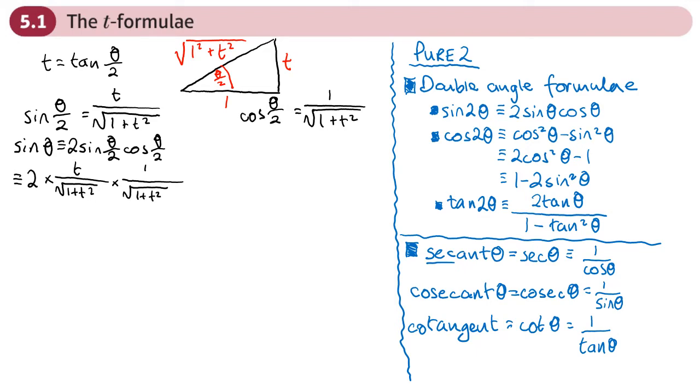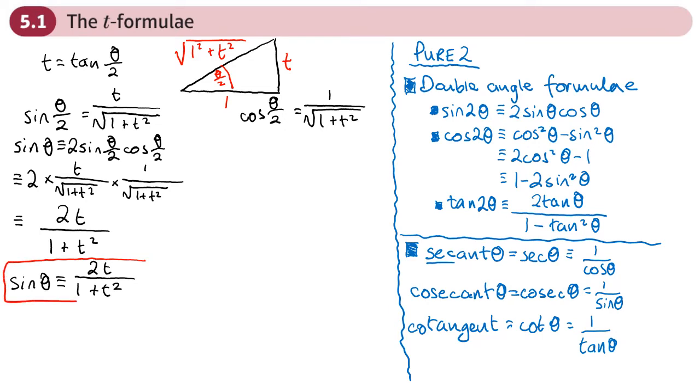Now if we simplify that, what we'll get is 2t over 1 plus t squared, because you're doing the square root times the square root. So now we have an expression for sine theta. We can say sine theta is 2t over 1 plus t squared. Now this isn't in the formula book, so this is something that needs to be learnt and memorized, because we're going to be using this a lot in this chapter.